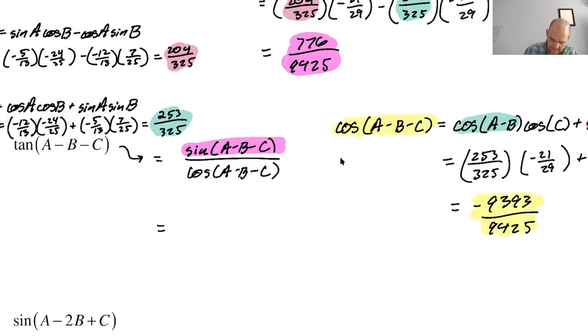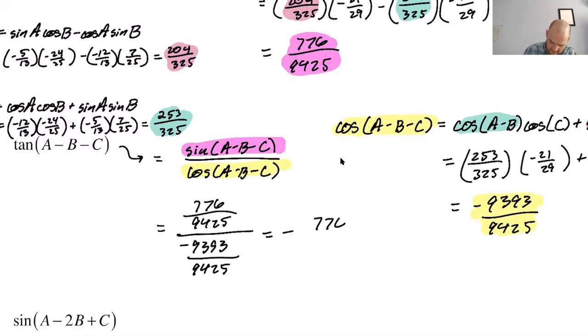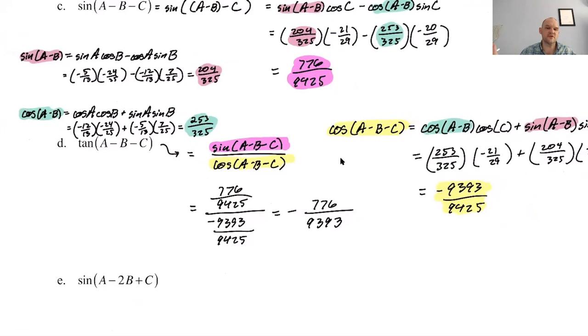So I'm going to do that division. 776 over 9425 all over negative 9393 over 9425, which is negative 776 over 9393, which is what we got on the calculator already. So we can be pretty sure that that's right.